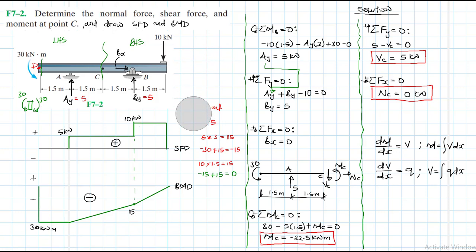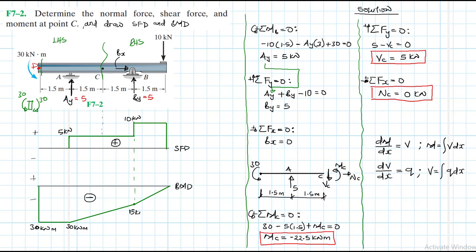Let me just get rid of this. So we have drawn the shear force diagram. Let's check out what we've done here. At C for shear, we found a 5, yes, positive. And then for moment at C, this point also is 30.